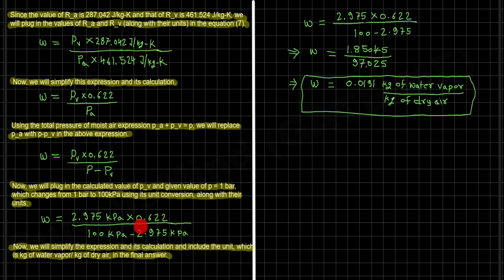So after simplifying this expression, we get this expression, where we cancelled the unit from both the numerator and denominator. And we further simplified this expression's calculation and get this expression. After further simplifying this calculation, we get the final value of specific humidity of moisture in the room with a unit of kg of water vapor per kg of dry air.